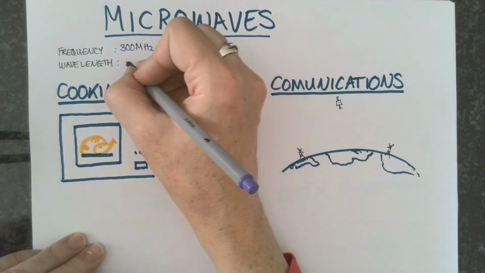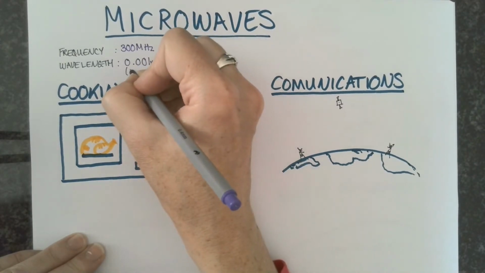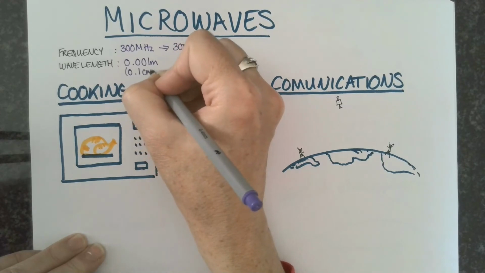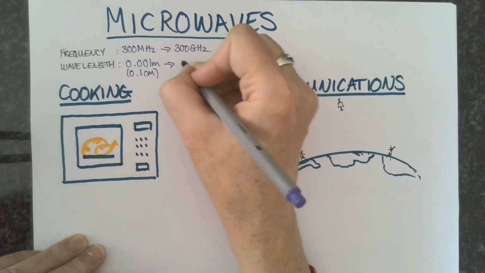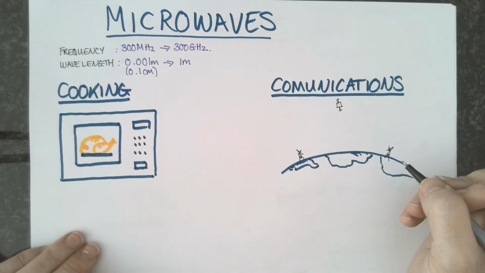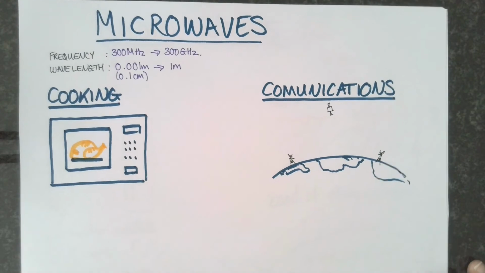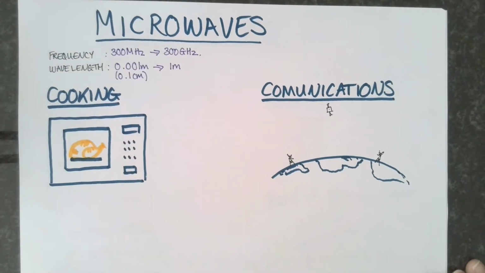Wavelength is between 0.001 metre, that's about 0.1 of a centimetre, to 1 metre. And again, they are electromagnetic waves, so they have the same properties. They travel at the speed of light, they can be reflected, refracted and diffracted.